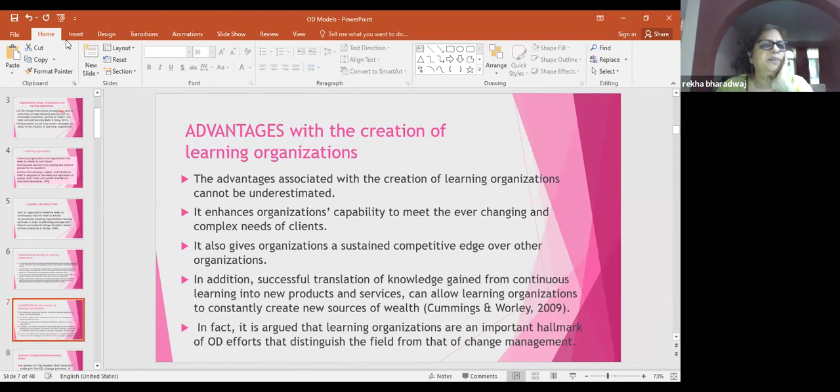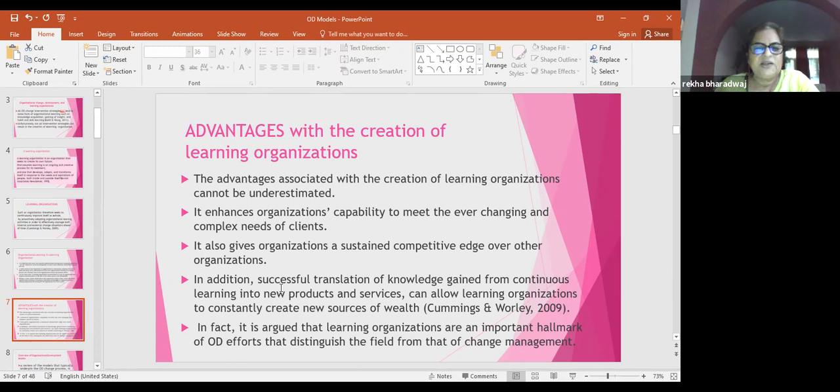Now, what are the advantages with the creation of learning organizations? The advantages associated with the creation of learning organizations cannot be underestimated. It enhances the organization's capability to meet the ever-changing and complex needs of clients. It also gives organizations a sustained competitive edge over other organizations.